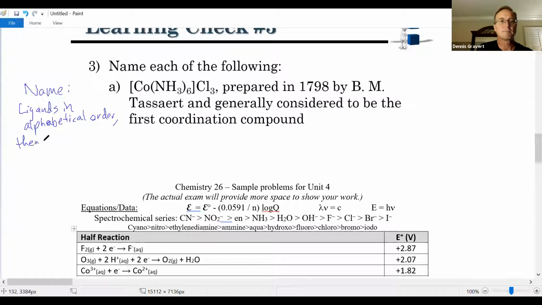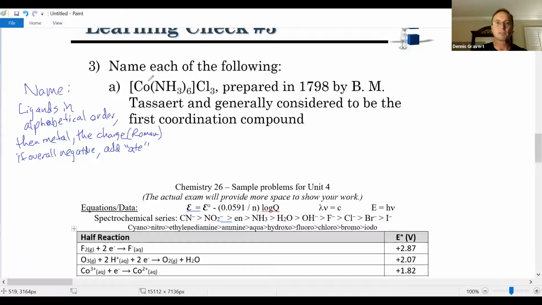Then the metal. Then the charge as a Roman numeral. And then if overall is negative, you add ate.